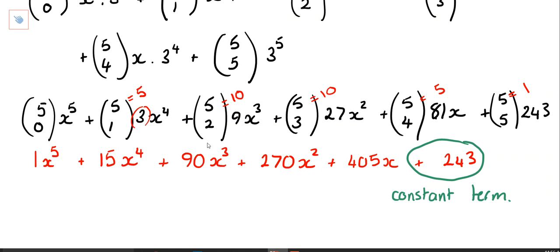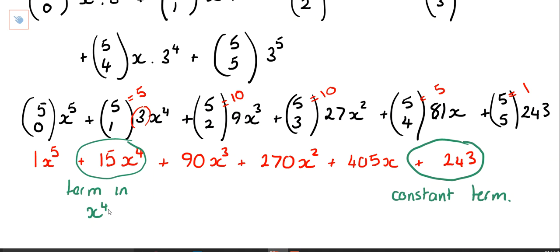So I would say this is the term in x to the power of 4. So if I was asked, find the term with x to the power of 4, that's what I would be looking for, that particular term. Quite often a question is, find the constant term. Now the constant term doesn't always have to be that last one, although you might think it is. It's not always that last one, but we'll come up to that point.